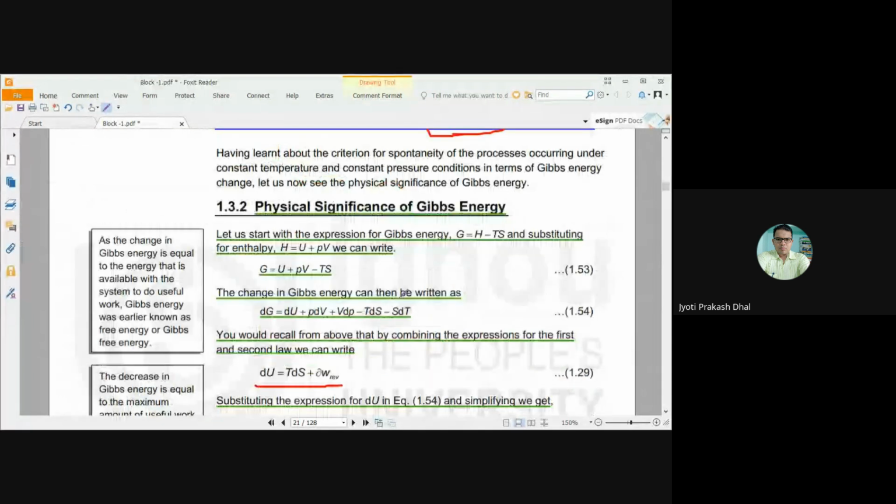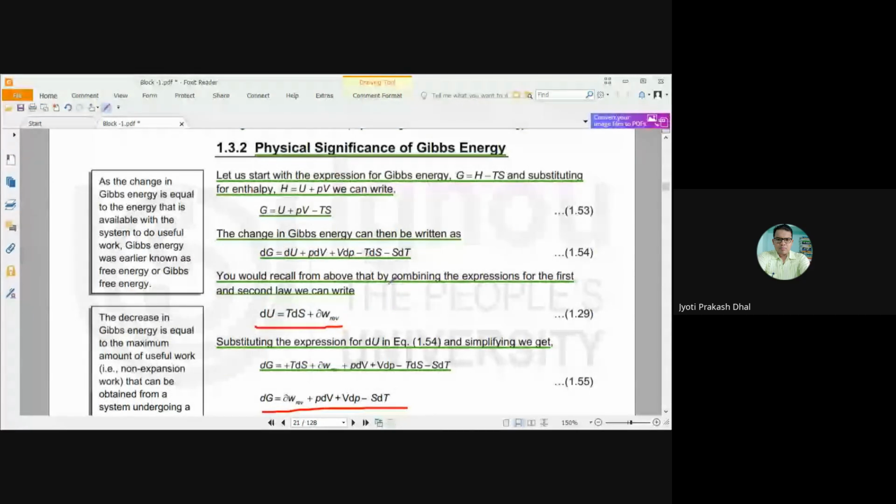Now, similarly, the physical significance of the Gibbs energy. We can write G equals H minus TS, and again we can put H equals U plus PV. So in place of H, we can put U plus PV. So G equals U plus PV minus TS.